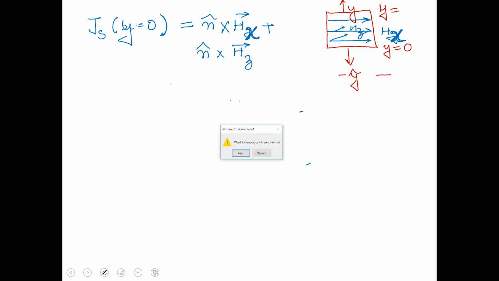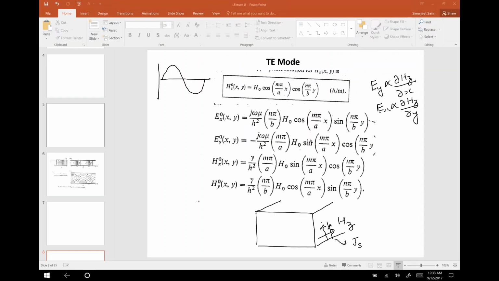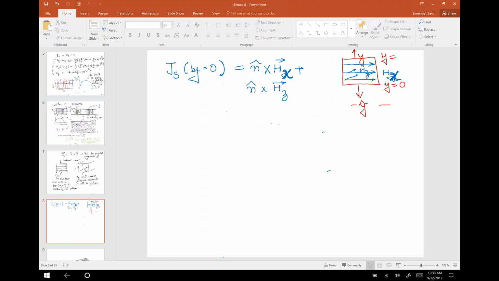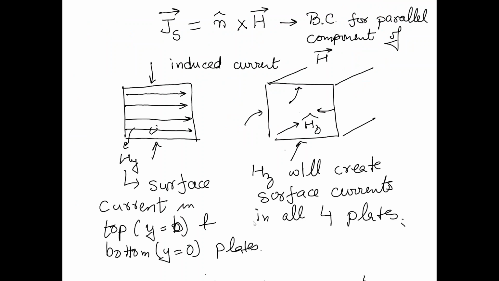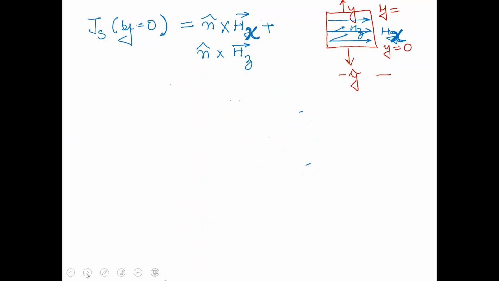When we do these terms, n cross Hx is y cross x, so I see a minus z term, and n cross Hz is y cross z, so I see a plus x term.